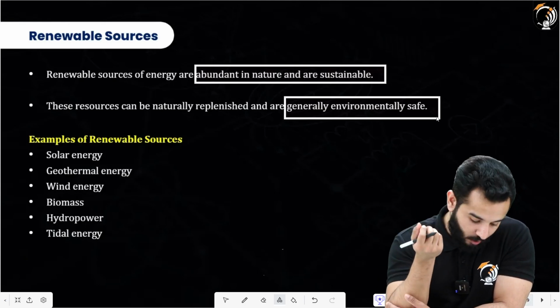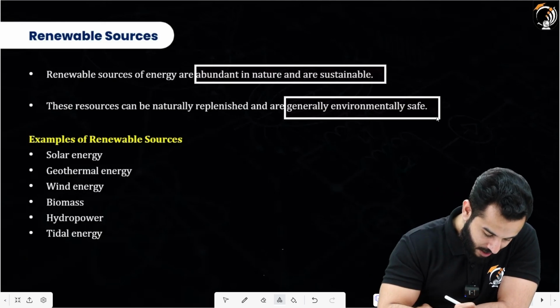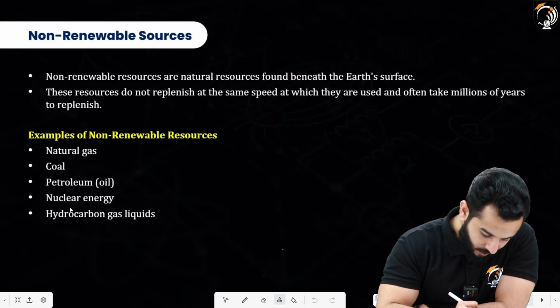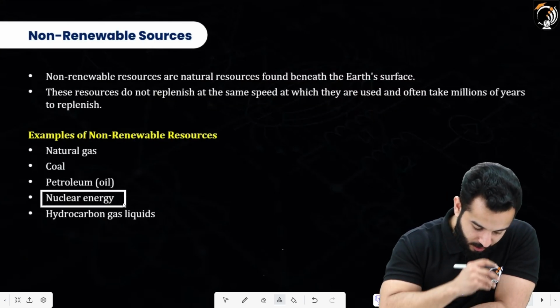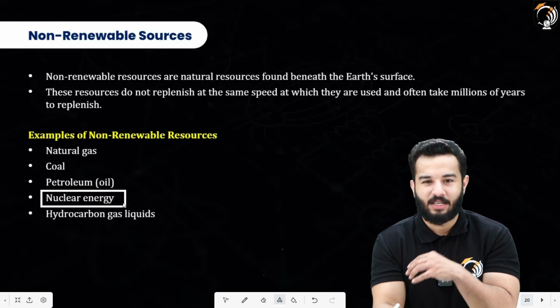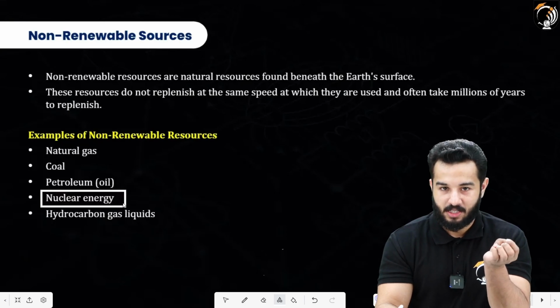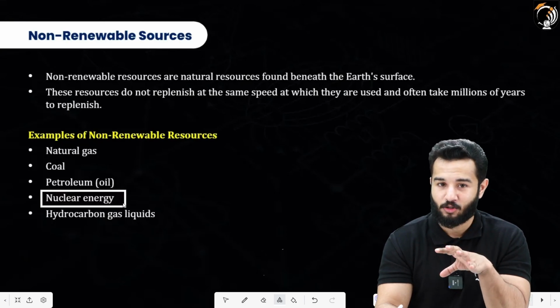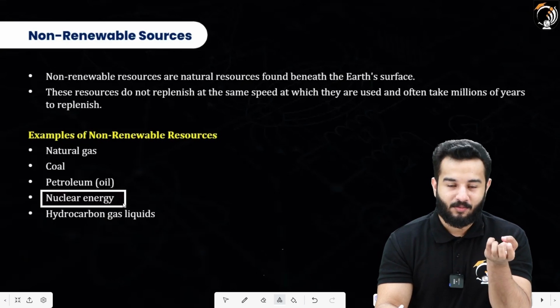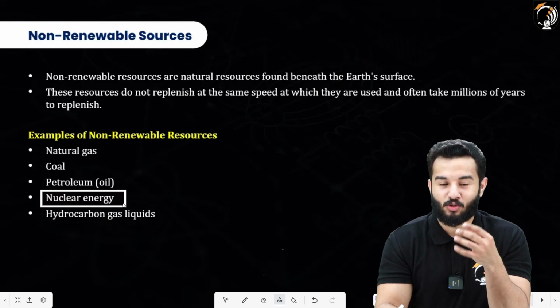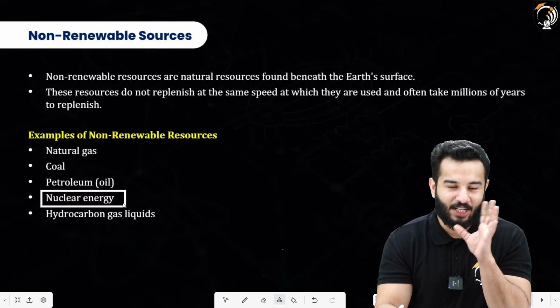When you compare hydropower and nuclear energy, we can discuss different sorts of things. Nuclear energy has some disadvantages, and hydropower also has some disadvantages. But what I feel is that hydropower actually does more harm than nuclear power.